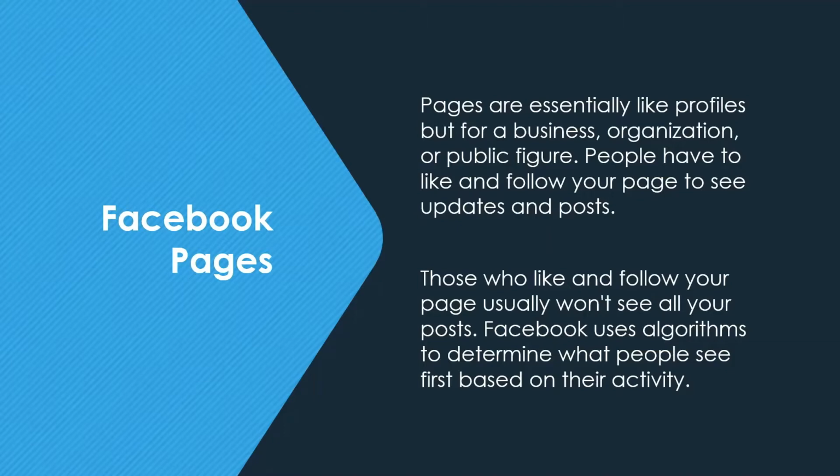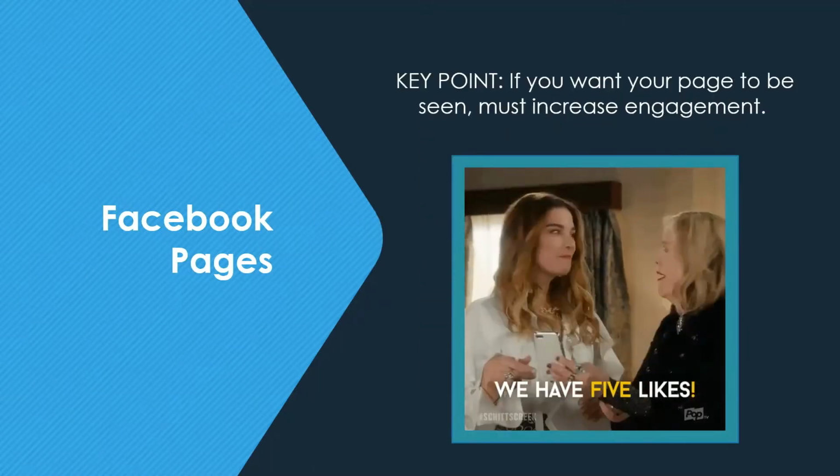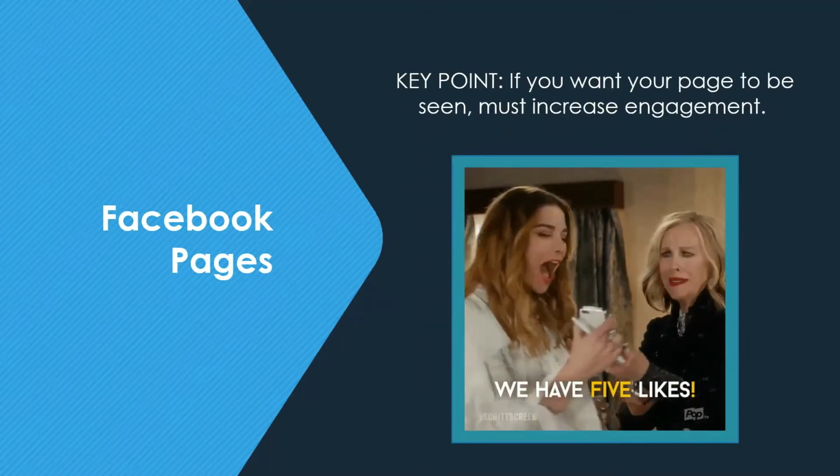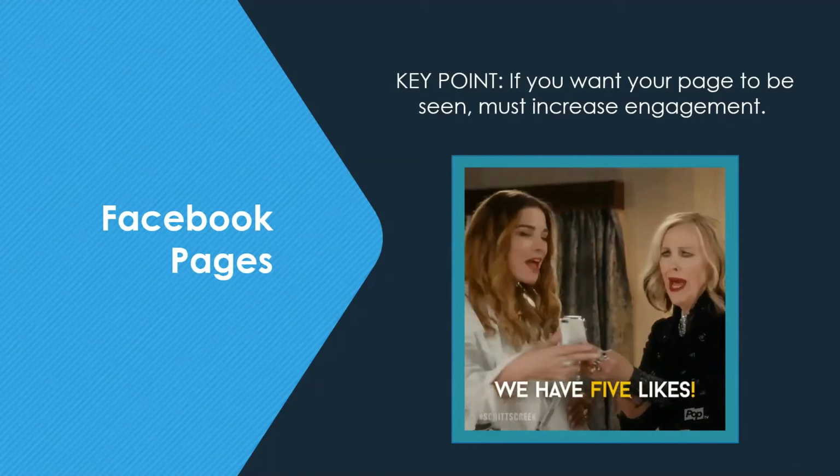So if you start really liking a certain subject, or you like a lot of posts from specific people or specific pages, that's what's going to turn up in your feed first, because it wants to feed you more of what you like.